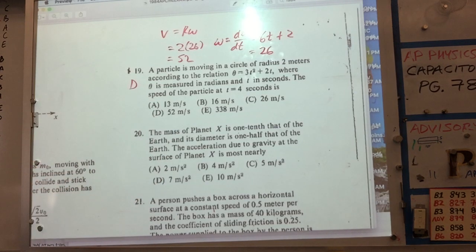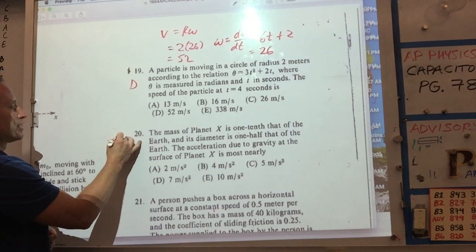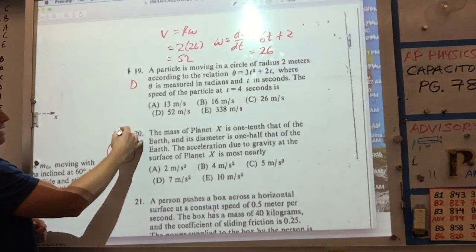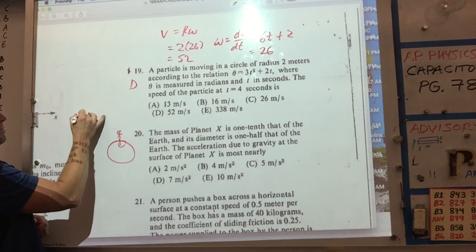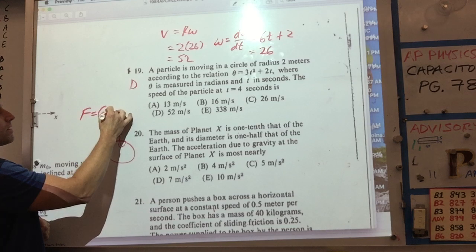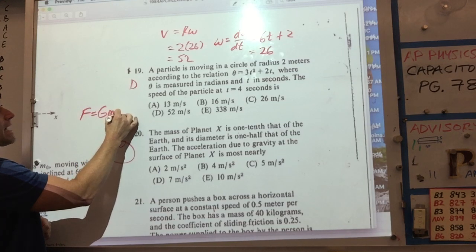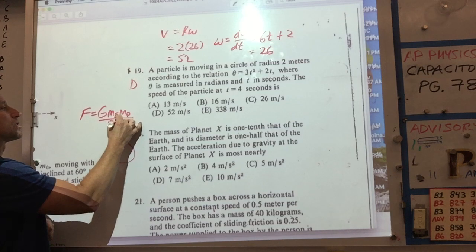20. Mass of planet X is 1/10 that of the Earth, and diameter is 1/2 that of the Earth. They want to know acceleration due to gravity at the surface. Here's the Earth, here's a person, and you want to find the force on that person. The force would be G times the two masses, mass of the Earth and mass of the person, over radius of the Earth squared.